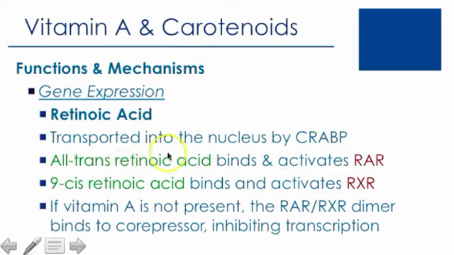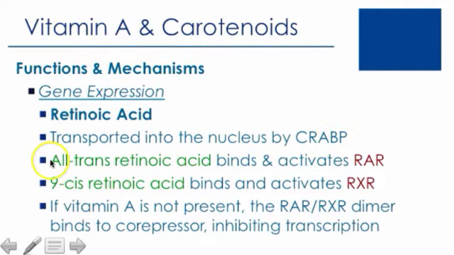We see that these two different forms of retinoic acid, either the all-trans retinoic acid or the 9-cis retinoic acid, will bind to a specific receptor.